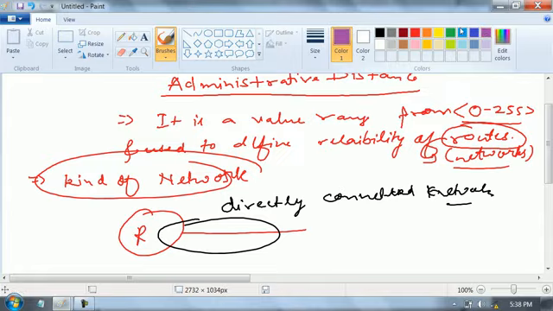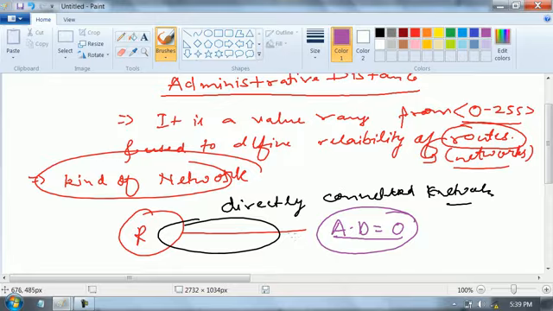Directly connected networks are the most reliable networks. Am I saying something right or wrong? Yes. When I was holding the duster in my hand, that was the most reliable thing. The router is holding the network in its own hand. That is the most reliable thing. It means for directly connected networks, it is. Agree?